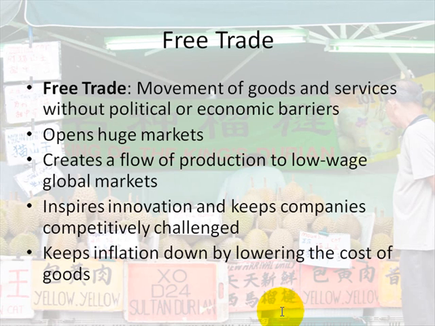Free trade also helps keep inflation down by lowering the cost of goods. Going back to the T-shirt example, if it was produced in the USA and they had to pay minimum wage and benefits and medical health care for their employees and whatnot, the T-shirt might end up costing the business, let's say, $5.